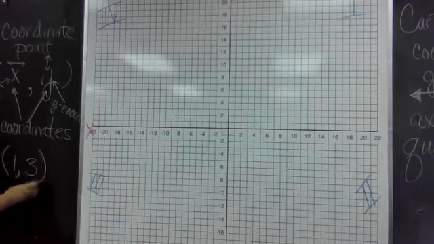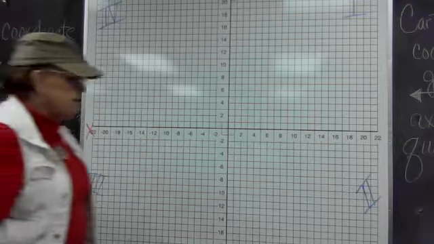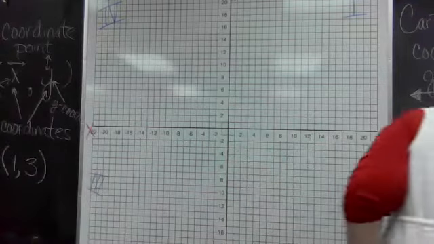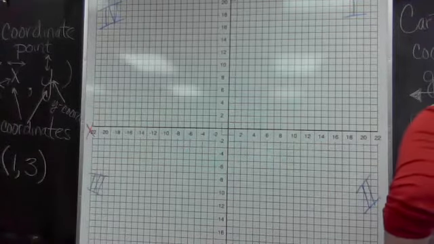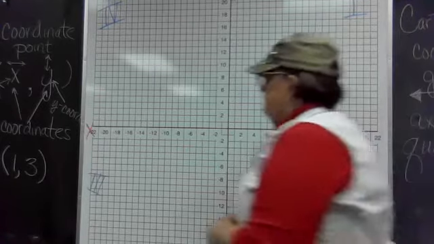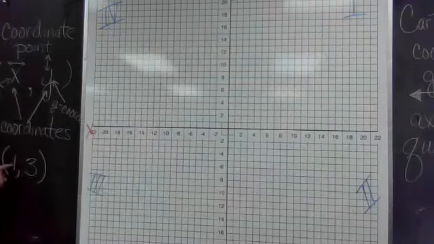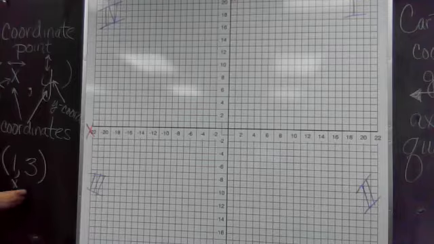I even like to say, okay, where's the house that's at that address? This 1 is the x value, which is how far we go left or right. This is the y value. It's how far we go up and down.